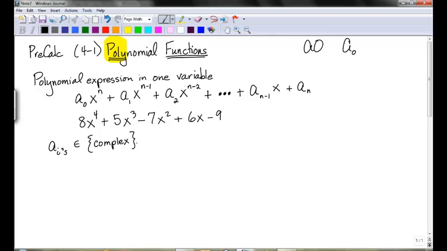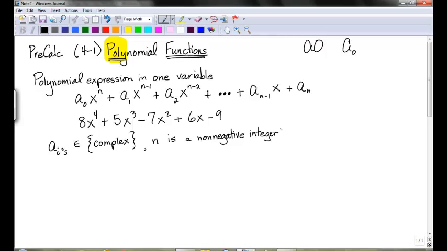Okay, now we're going to go back and review. The complex numbers are made up of real numbers and the imaginary numbers. Okay, so that's both. And the n is a non-negative integer. So my n is 4 up here to start.